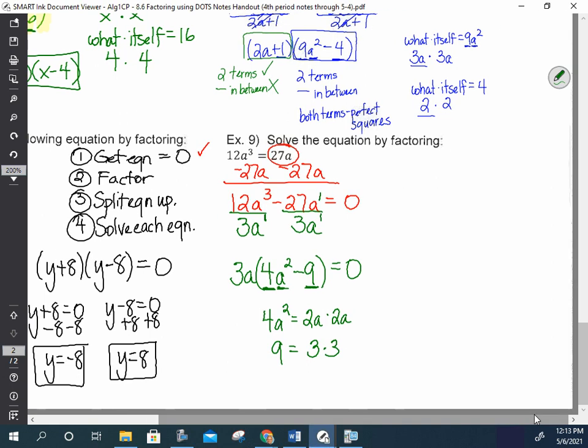So that means we can break up this second parentheses. 2a plus 3, 2a minus 3. So now we're done factoring. Any questions before we continue?